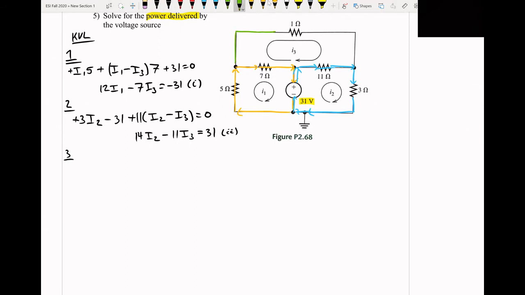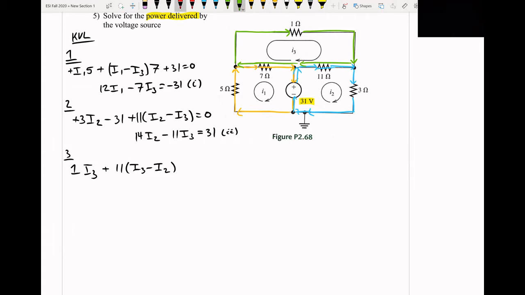We travel this way, and we'll say 1 times I3. We'll go this way, pass through the 11 ohm resistor, so plus 11 times I3 minus I2. Then we'll keep going this way.